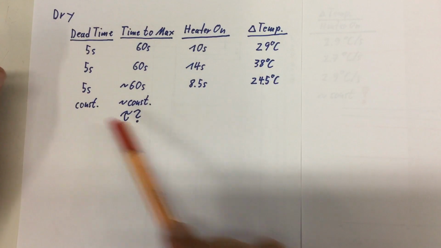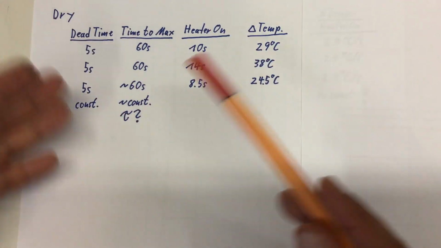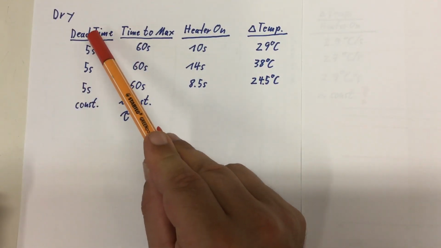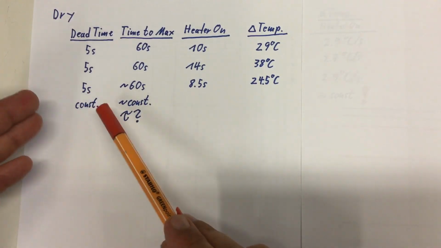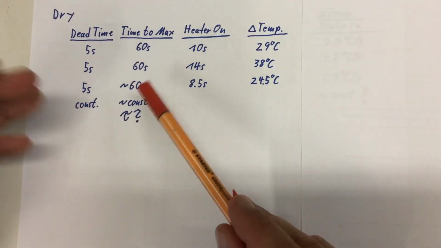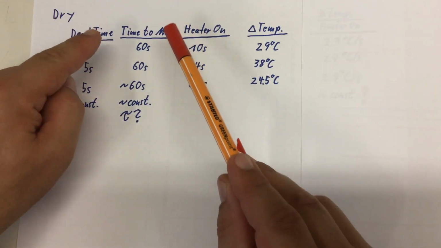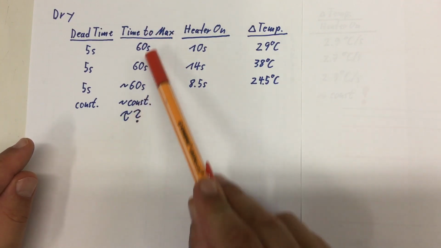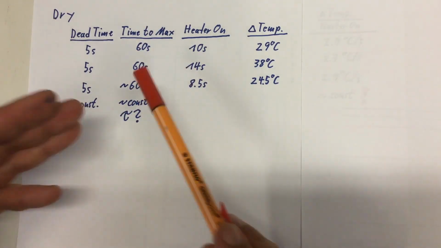If you look at the numbers of the first 3 runs, you can already see a pattern emerging. So the dead time was always 5 seconds, so that's obviously constant, independent from our starting temperature. The time until we reached the max temperature was also about 60 seconds every time.